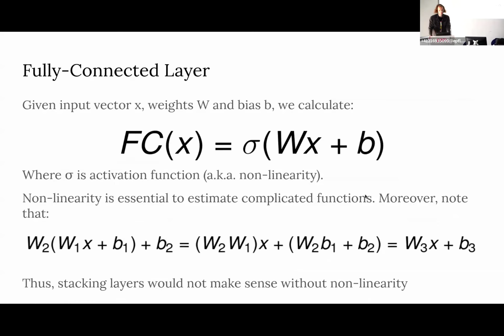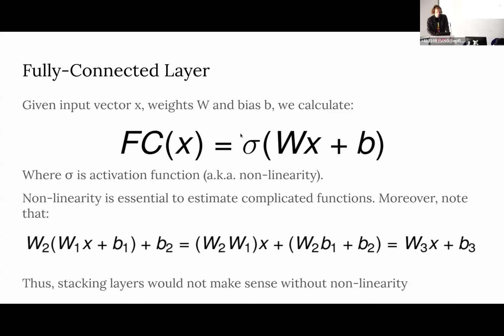So I explained it visually, but probably it was a bit confusing. So let's look at it mathematically. Maybe it will be clearer. Your fully connected layer looks like this. You have your vector x, some weights which you define as the matrix W, and bias b, just like another vector. And then we calculate the matrix-vector multiplication Wx plus b, something which is a linear transform.